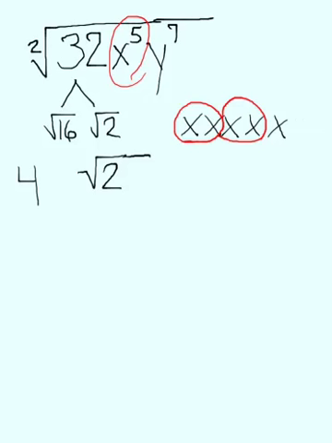If that would have been a 5th root, you would have done groups of 5. If it's a 3rd root, groups of 3. How many groups did I make? 2. The number of groups is the exponent on the outside. What's left, the oddballs that didn't fit in the group, go back in here.